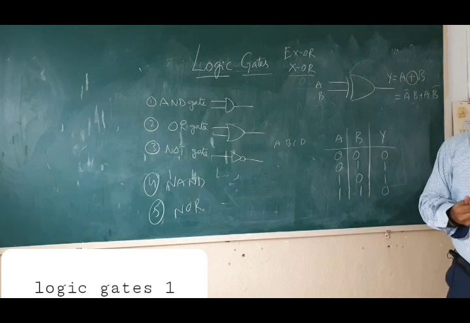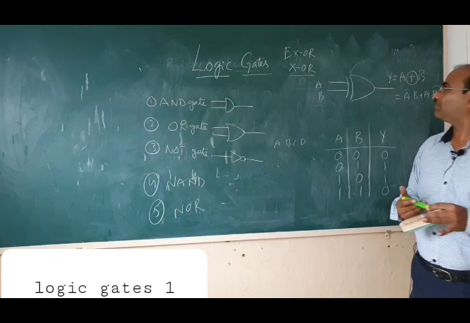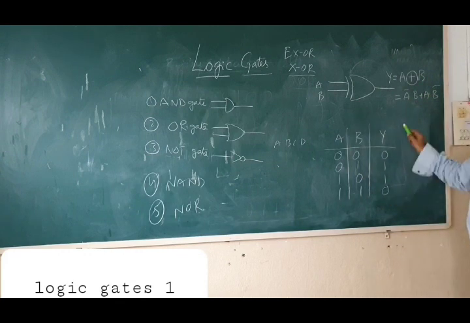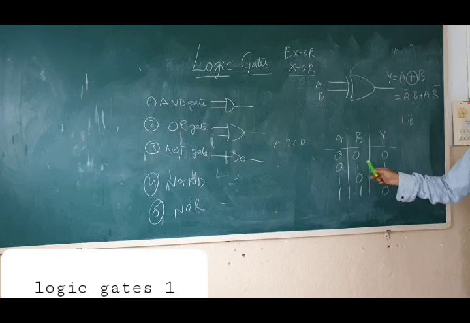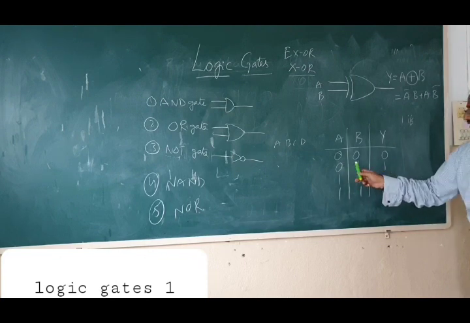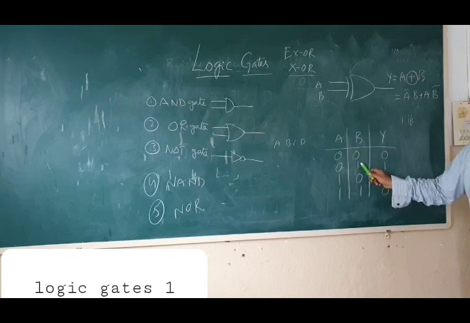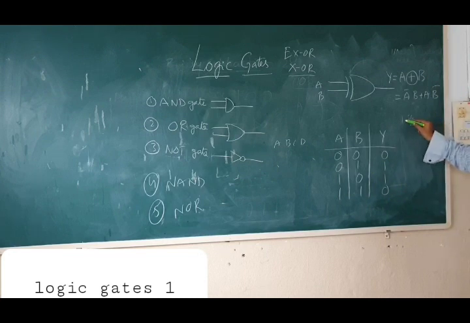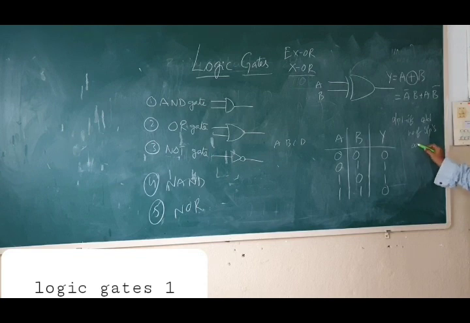So the actual better definition of XOR is: output is 1 if there is an odd number of input ones. Here, one of A and B is 1; when two are 1, that is even. Okay, output is 1 if an odd number of inputs are 1.